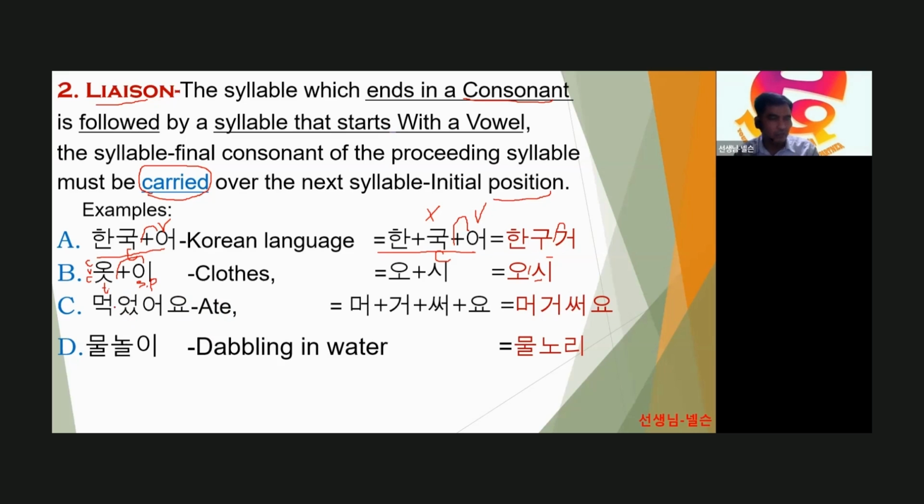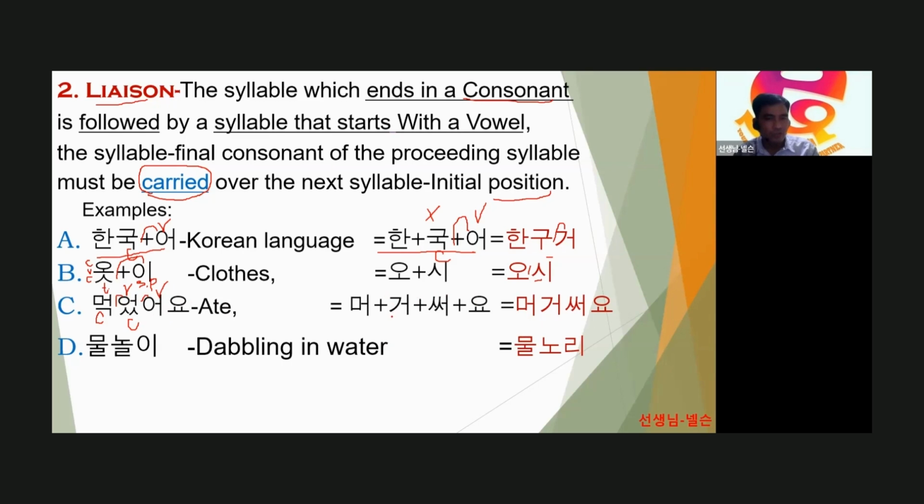Okay, so itong pasilin nyo, this character is consonant, this character is vowel, this character is consonant, this character is vowel. So therefore, dalawa yung liaison dyan. Instead of mok, ot, oyo, wrong pronunciation yon, although this is the correct spelling, the correct pronunciation is mogosoyo.